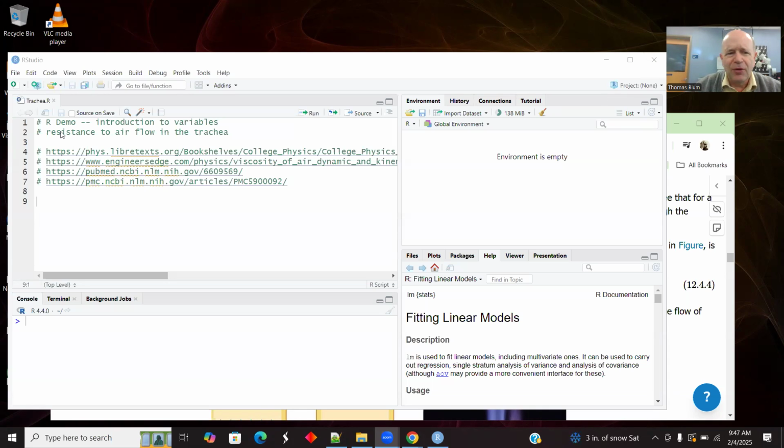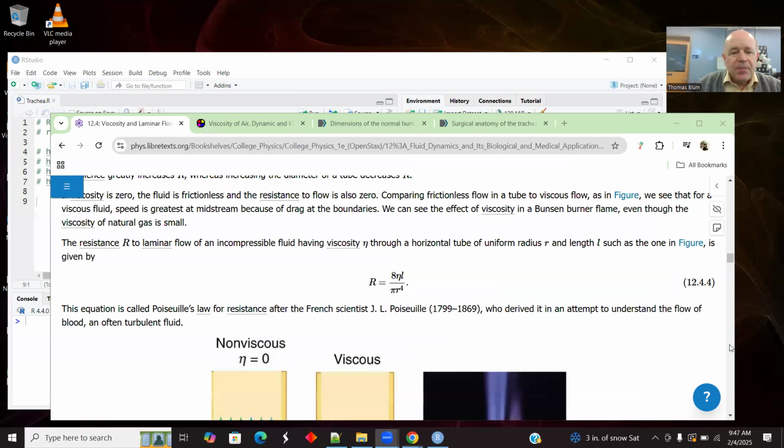So we want to look at the resistance to airflow in the trachea, somehow connected to how hard it is to breathe. I gave a number of reference websites here.